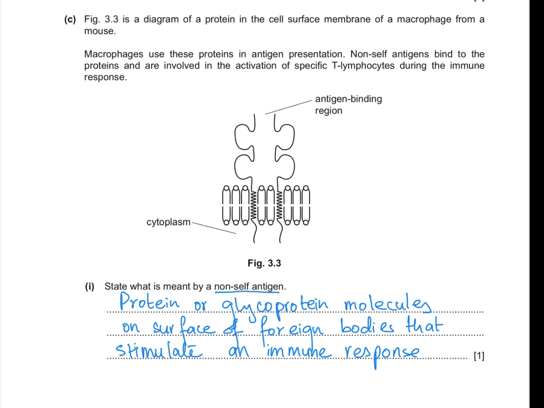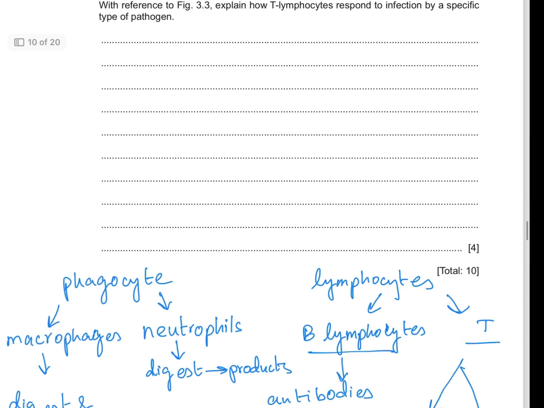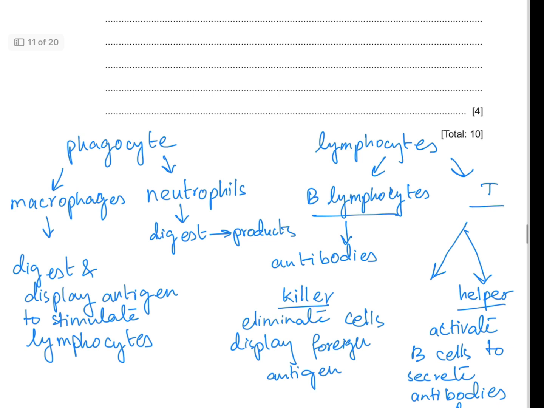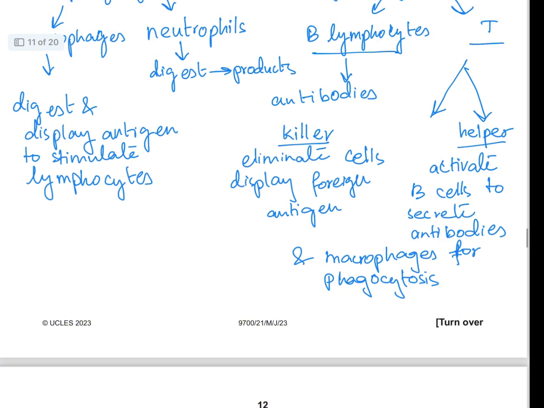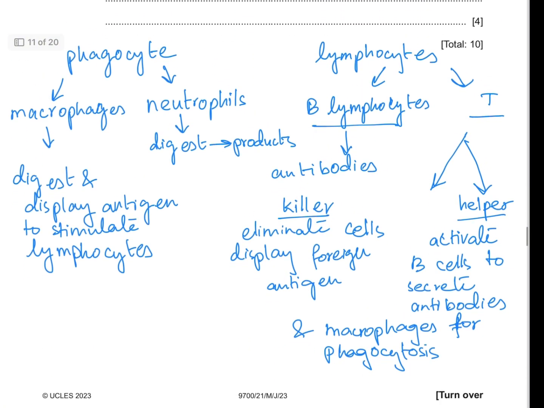So they'll increase in number by mitosis, by dividing, and then they'll differentiate into helper T cells and killer T cells, which we saw earlier. Helper T cells will secrete cytokines. As I said, this was a summarized version, and there are more details that go into the entire immune response.